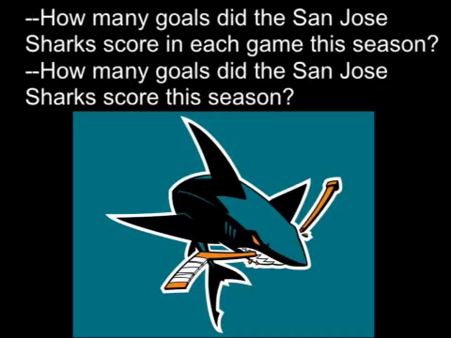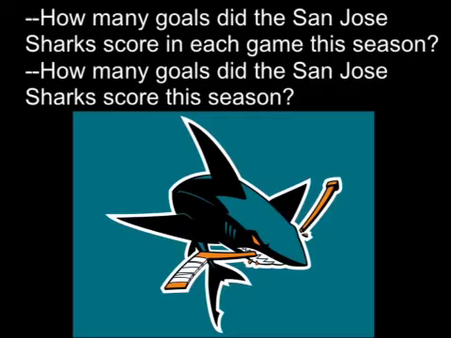Our second pair of questions is, first, how many goals did the San Jose Sharks score in each game this season? And second, how many goals did the San Jose Sharks score this season? Think about that for a moment. All right. I think you are probably right that the first question is our statistical question.